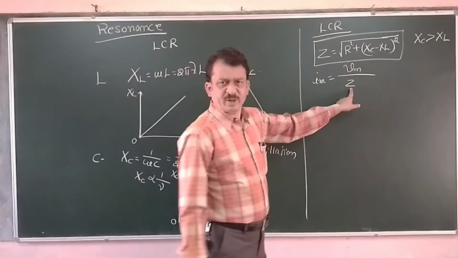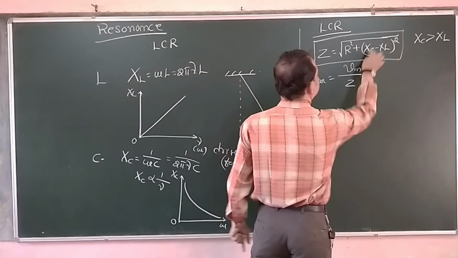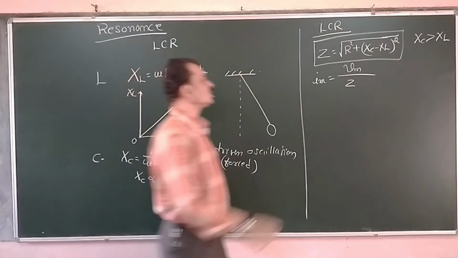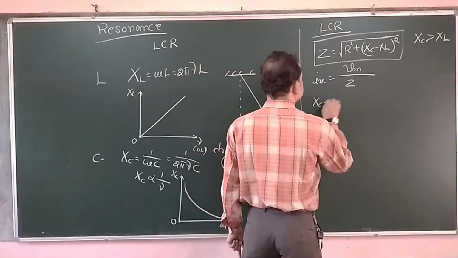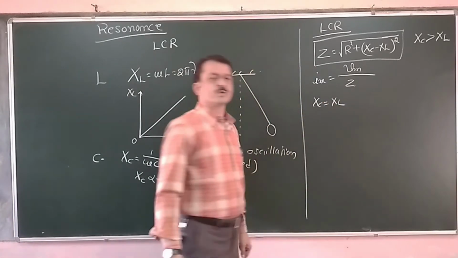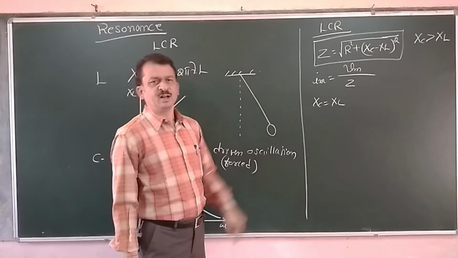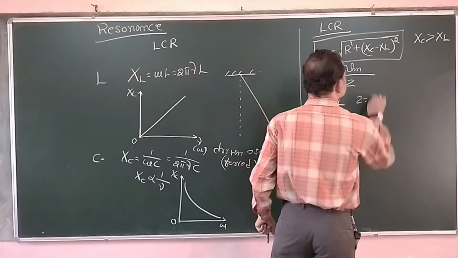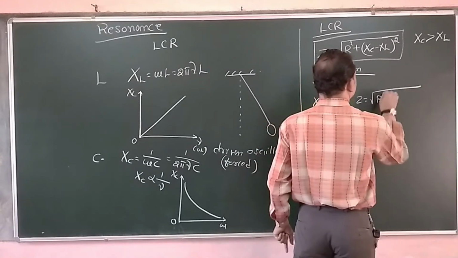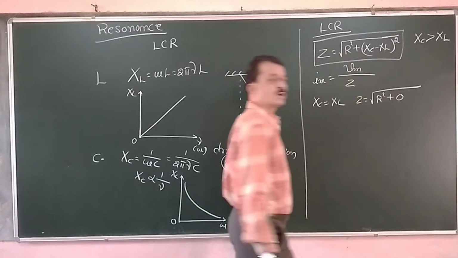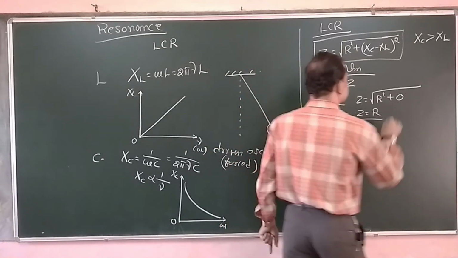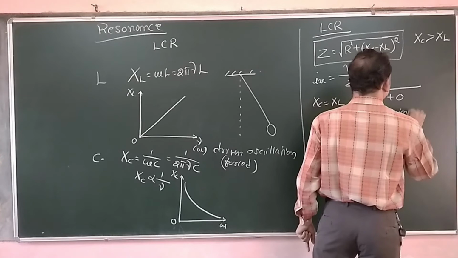The impedance is minimum only when this term vanishes, that is, Xc equals XL. If Xc equals XL, then Z is equal to the square root of R square plus 0, or Z is equal to R. This is the minimum.